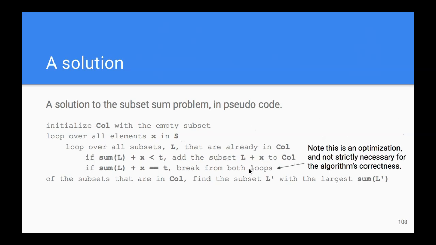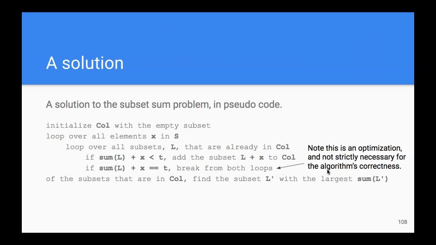And then the second thing is that when the sum of the new subset is T, we break, we get out, because we found the subset that we're looking for. Now, this break is an optimization.